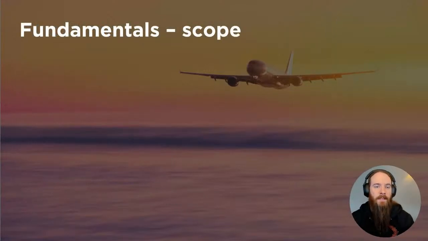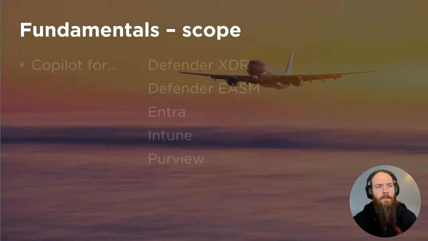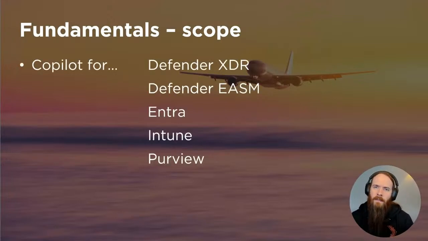Alrighty, let's talk about some fundamentals of Copilot for Security, so you know what this is all about. When it refers to the thing called security, it's really referring to security as a whole, across a lot of products and platforms within the Microsoft cloud ecosystem that folks often don't even look at as being security products.